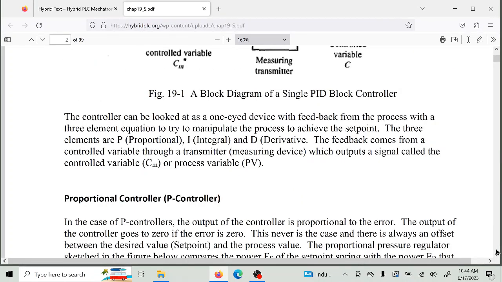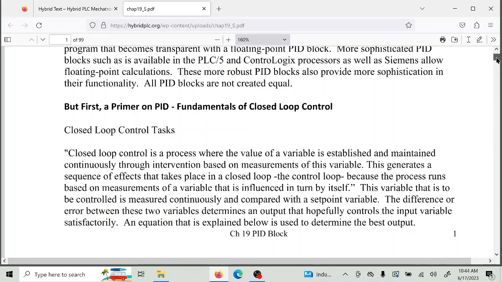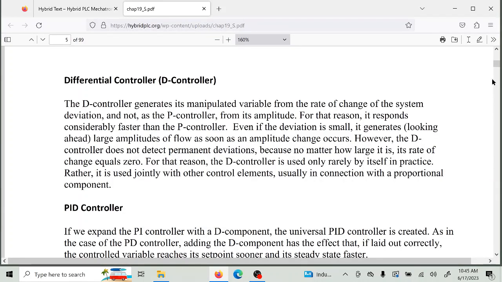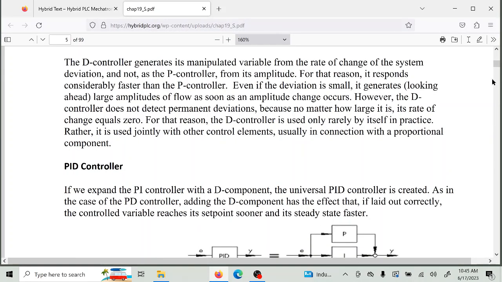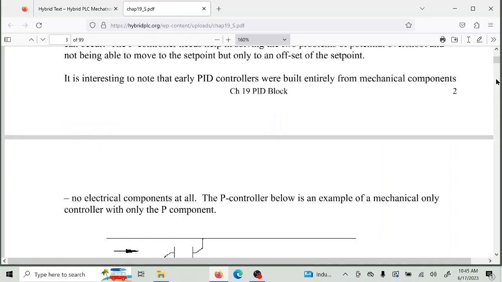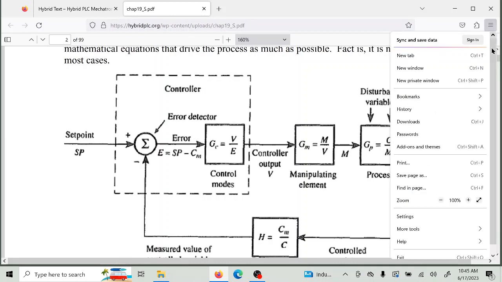Now, this diagram is one that's found in many control books, and it's the beginnings of looking at process control. So I'm going to come back up here, see if I can get it on the screen well. I'm going to have to come down a little bit in order to do that.